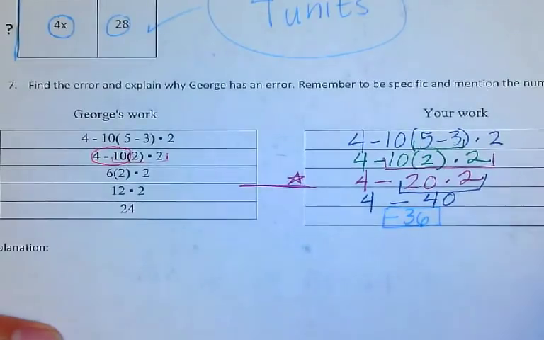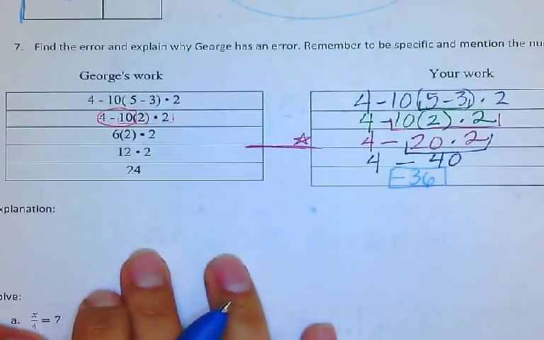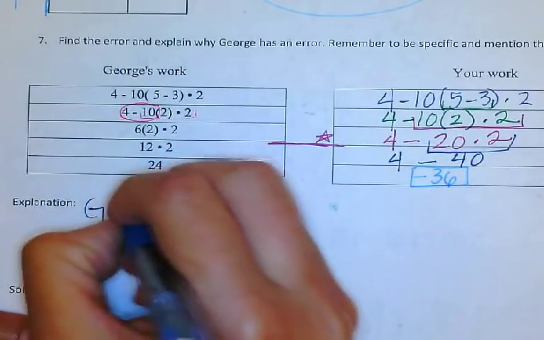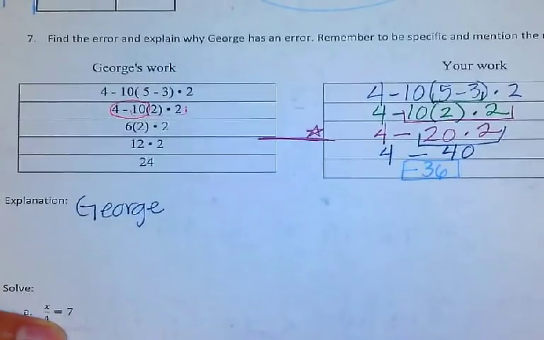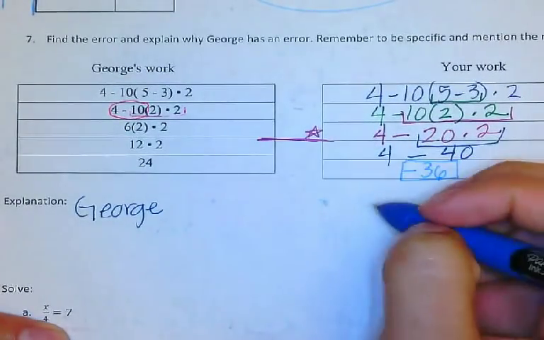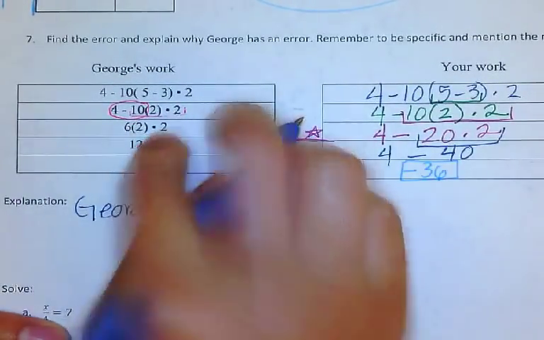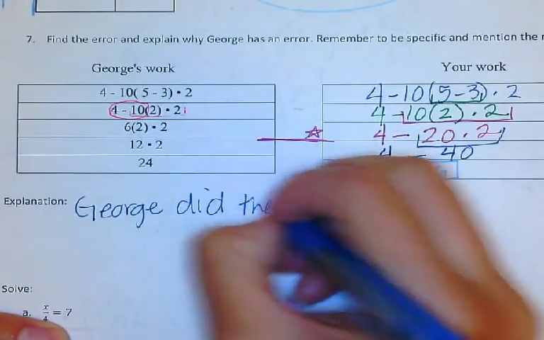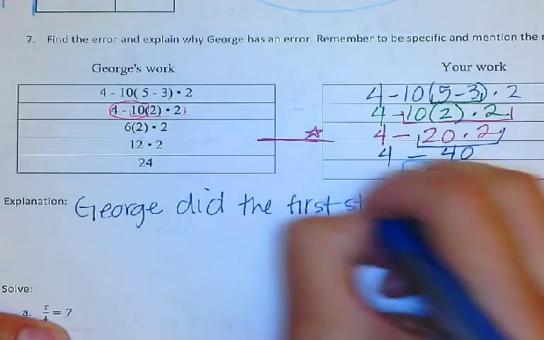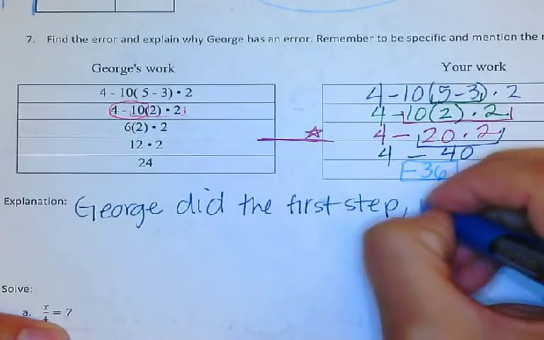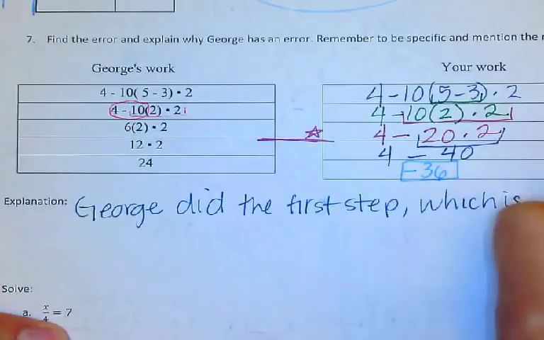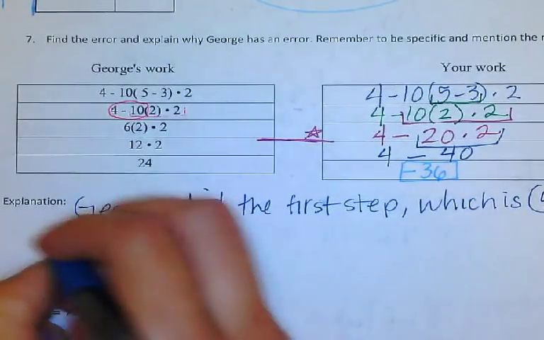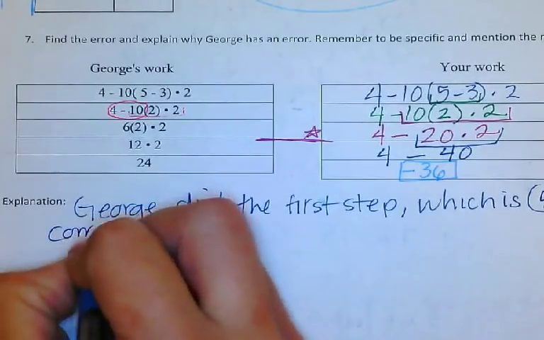So when I write the explanation, this is what I would say. I would say that George did the first step, which is 5 minus 3, correctly.